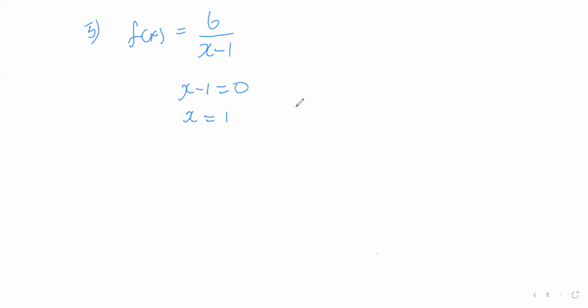So the domain therefore is all real numbers x such that x is different from 1. Or you can just also write it alternatively: you can just say x different from 1 is the domain of this function, or you can write it as a set.